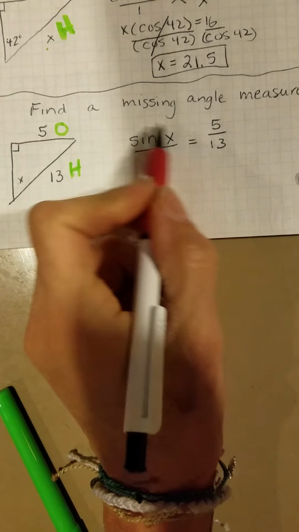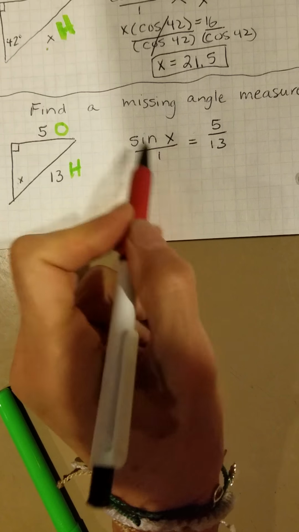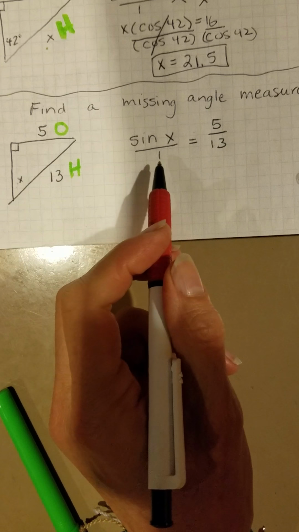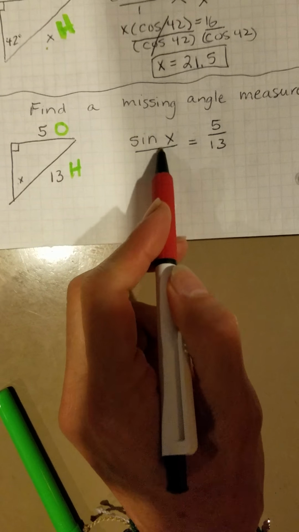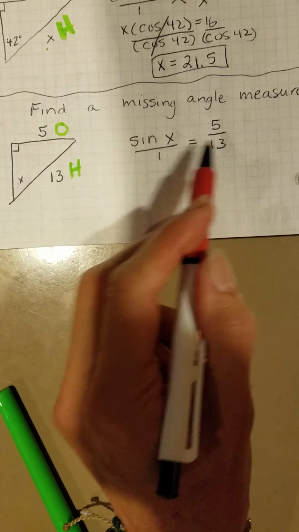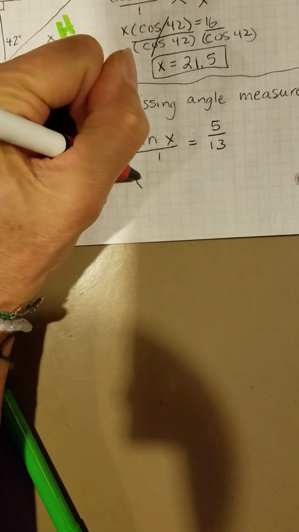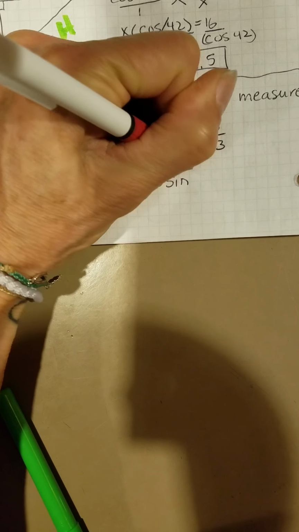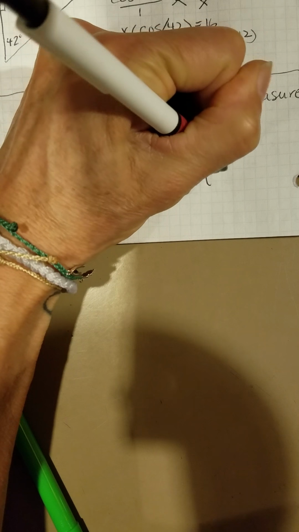Cross multiplying isn't really going to help me here. What I can do, however, is to find x, I need to use the inverse function. So I'm going to take the inverse of both sides, which looks like x is equal to sine^-1 of 5 over 13.